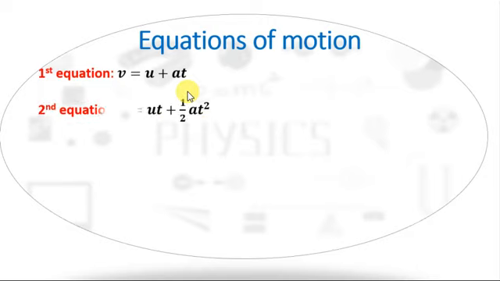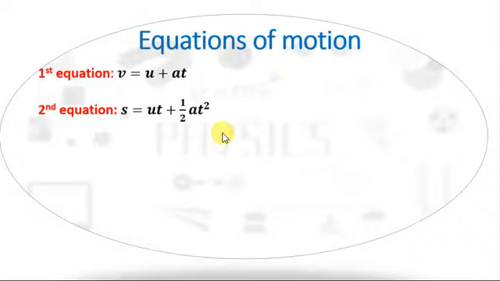The second equation of motion is s. Now, s is displacement. Don't forget, we use s, but it represents displacement or distance. It will be equal to initial velocity times time plus a half the acceleration times time squared. This is now the second equation of motion.